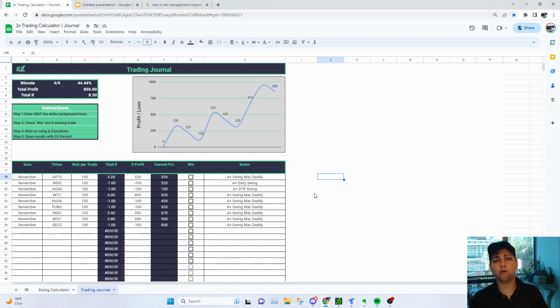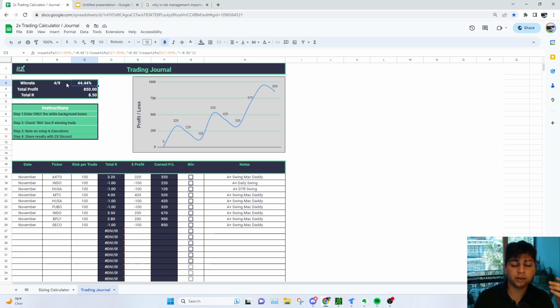Now, jumping into what an equity curve would look like for a trader who is actively using risk reward to his advantage. In this example, let's say it is a 3R average for his wins, and his losses are always consistent at 1R. Most people would look at this without seeing P&L or total R, without these two columns right here, and they would just look at the win rate and think, this guy cannot be green at all as a trader, right?